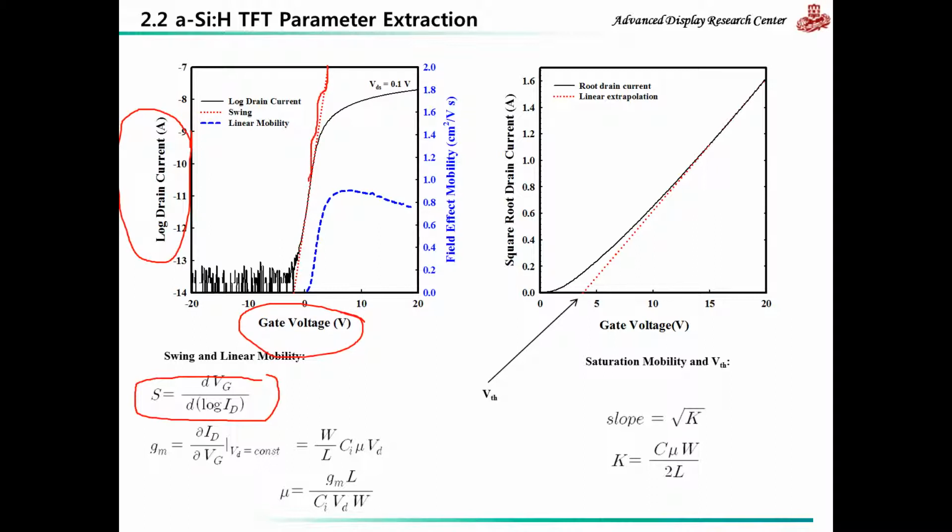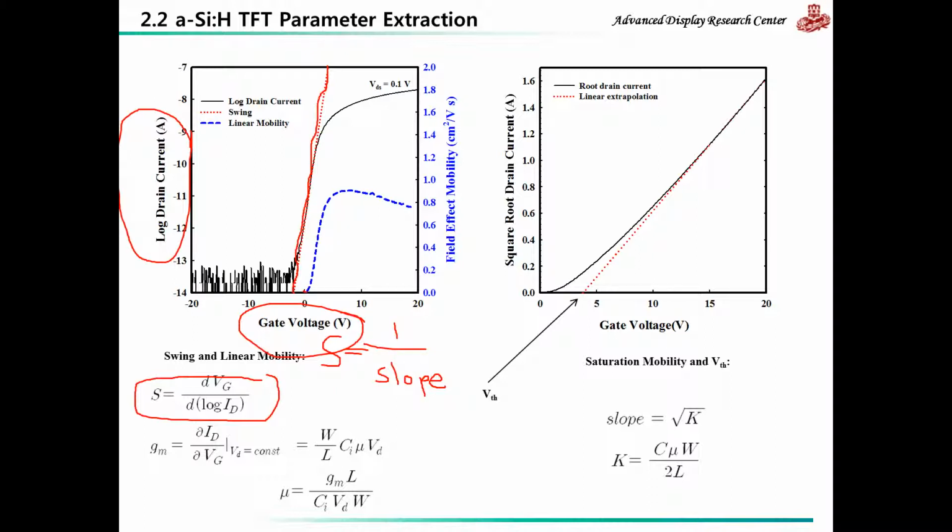So you get the slope of this red dotted line, and then you take the inverse. 1 over slope gives you the swing. So S here is equal to 1 over slope.